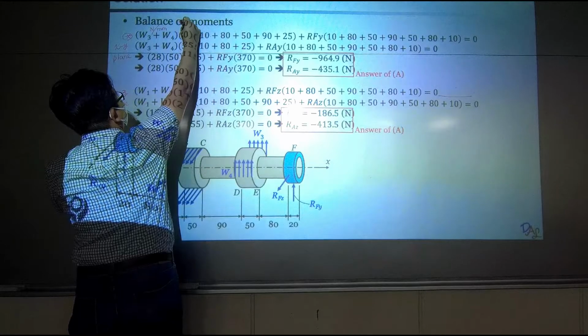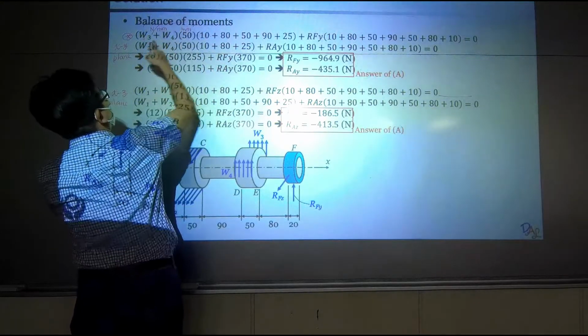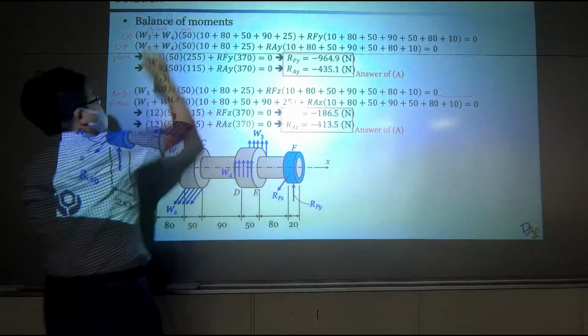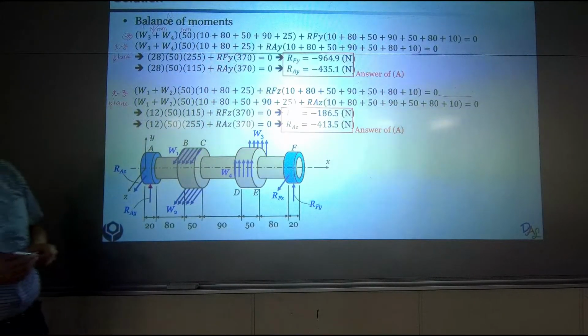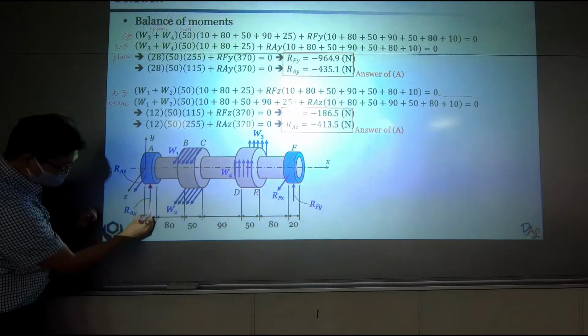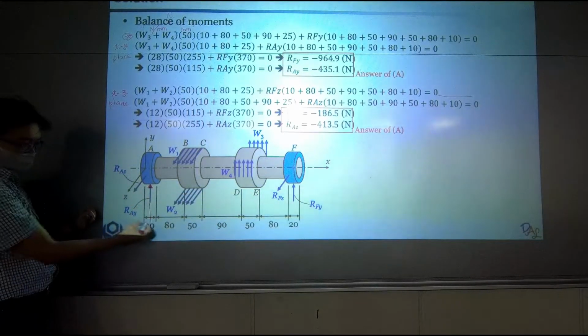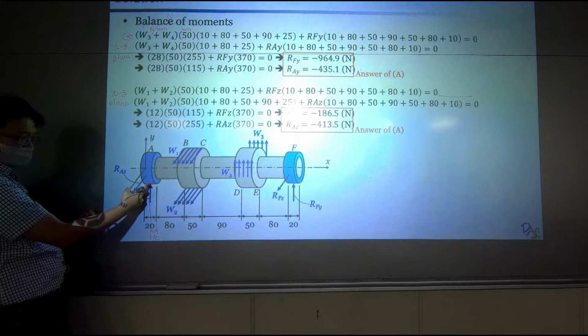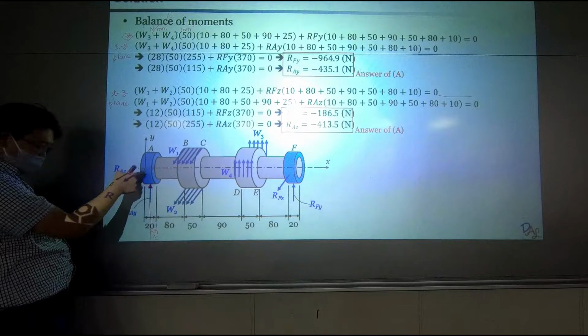So here is the millimeter. After we do that, we have concentrated load in the unit of Newton. And then the distance from this point at the middle, here is only 10. The center I'm choosing is right at the center.